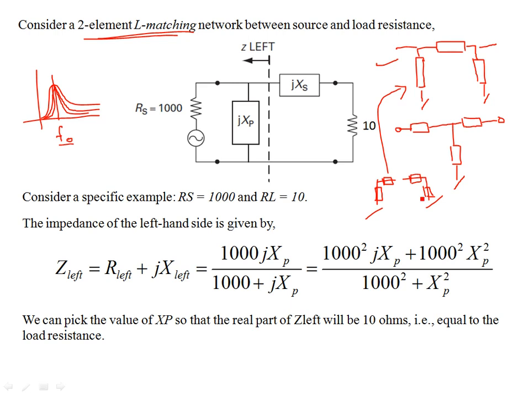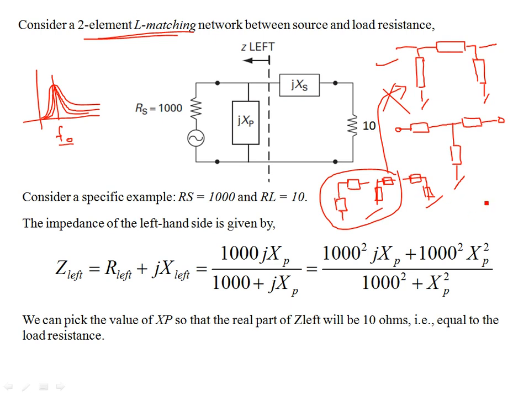Similarly, if you invert this, if you have a network like this, another two-element L network like this, and you combine, for example, this section, then it's a double L network. It's not this one.